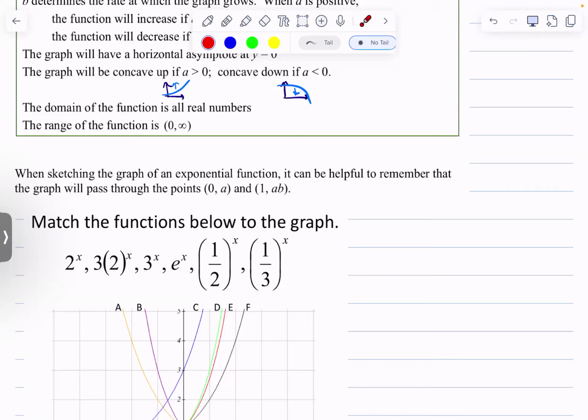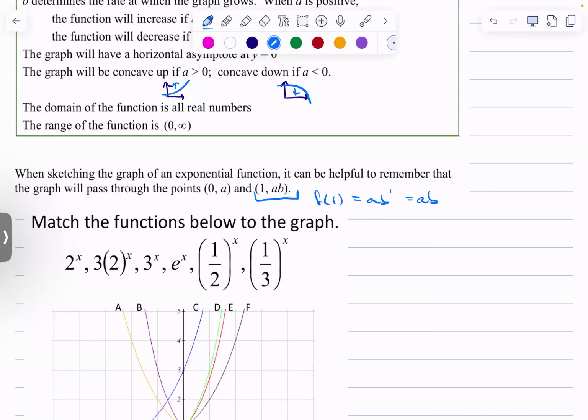So when x is 0, the output is a. And also, when x is 1, it'll pass through (1, ab). We saw the first one earlier. And so f of 1 is a times b to the 1, which is just ab. That's nice.